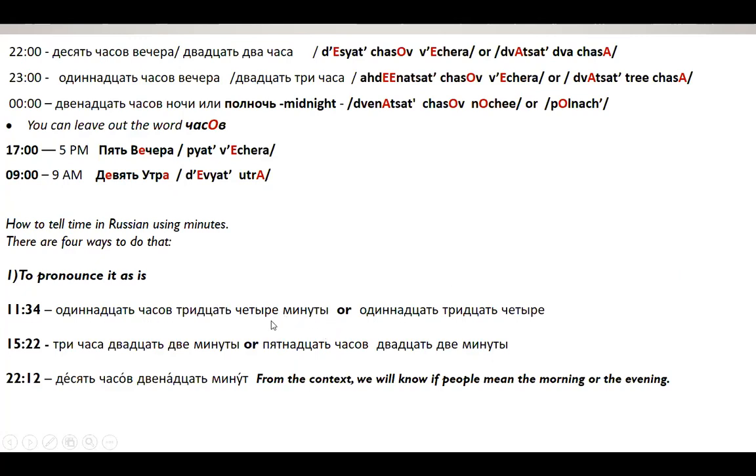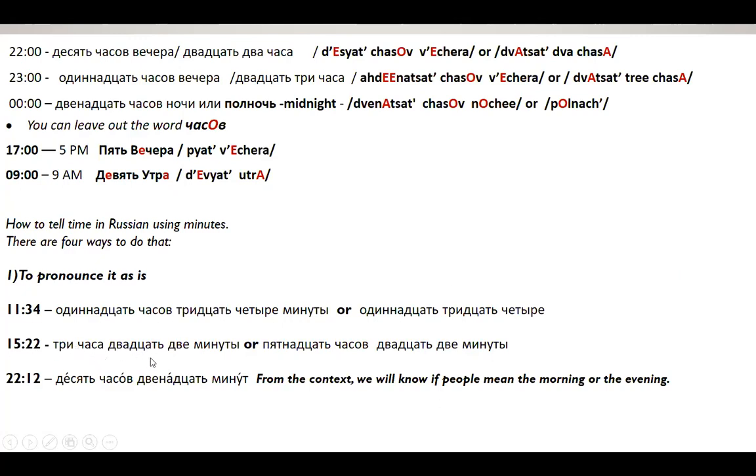The word for minutes and the last number will be in the genitive case. 15:22, we can say 3 часа 22 минуты, literally 3 hours and 22 minutes.